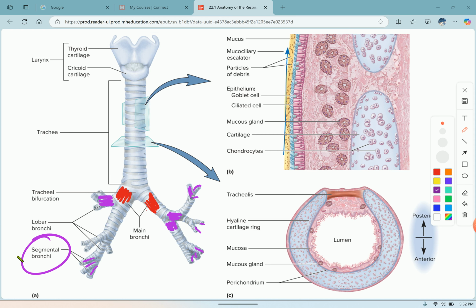Here is a superior view, and you can see the cilia. All those little hair-like projections are the cilia. Lumen: when you look down the barrel of any tube, you're looking down the lumen. So the trachea is a tube, and all of that is the lumen.